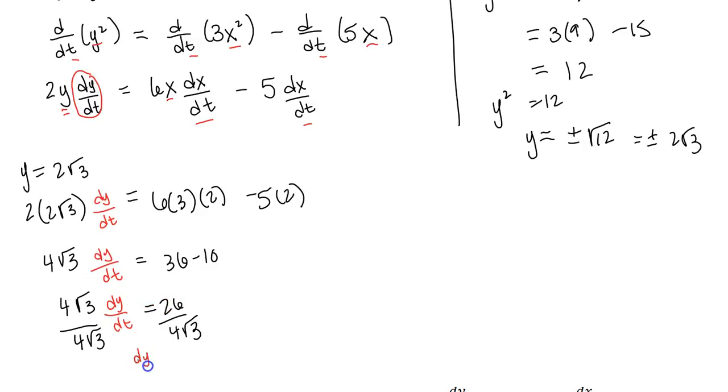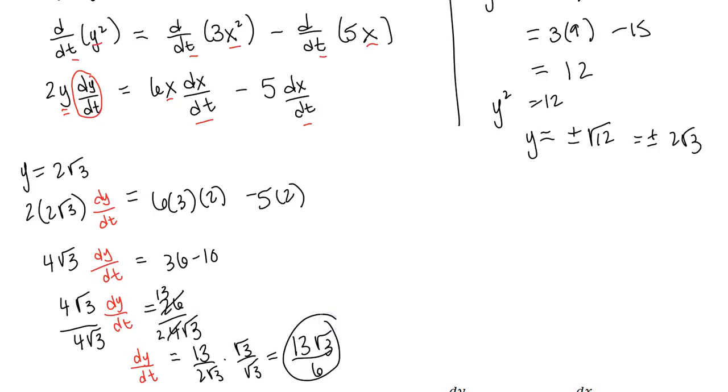So I get that dy over dt is equal to, let's see, if we cancel here, I can cancel a 2, so that leaves me 13 over 2 square root of 3, and if I rationalize that, I get 13 square root of 3 over 6. So that's one of my answers.